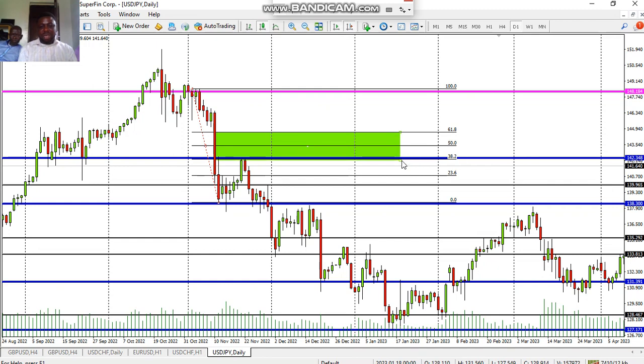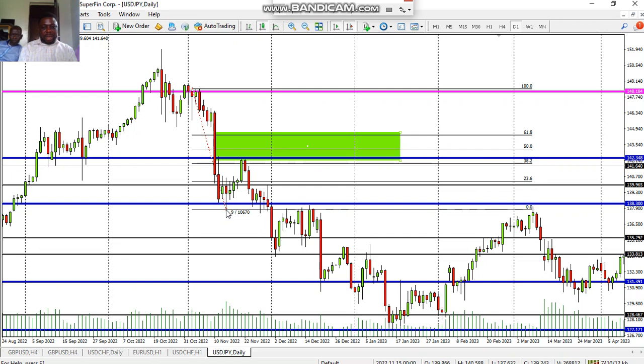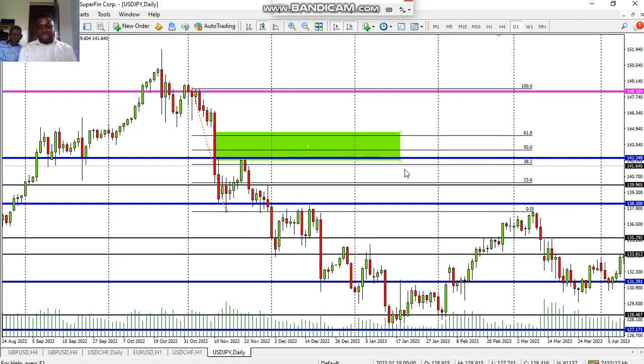You see it? It got to 61 to 38, that's this level here. Once it got to that region, the buyers lose their steam and the sellers take over. You see it now? That's how you know when to return to continue your trend.